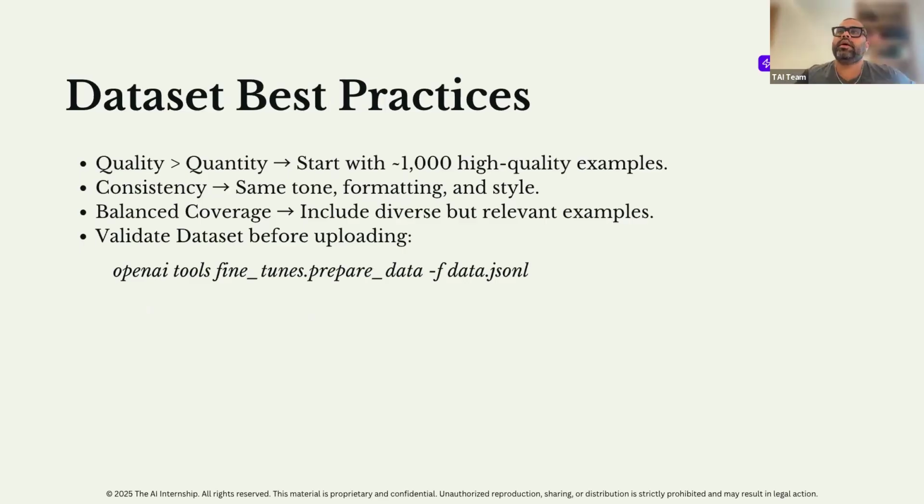So there are some best practices when you create a dataset, which is quite important. The idea here is always quality over quantity. You need to make sure you have around 1,000 high quality dataset examples, and then you need to check if it is in the right format. At the same time, check the style, whether it's the same style that you want it to behave. For example, if you have a customer facing chatbot, you need to make sure that the company's style of communication is in that dataset.